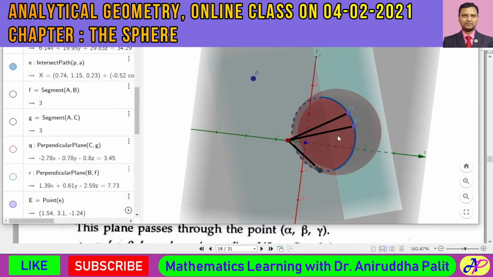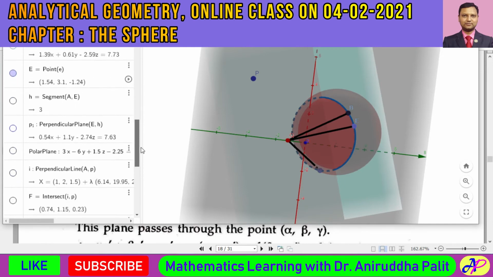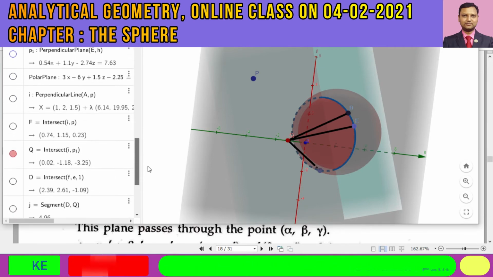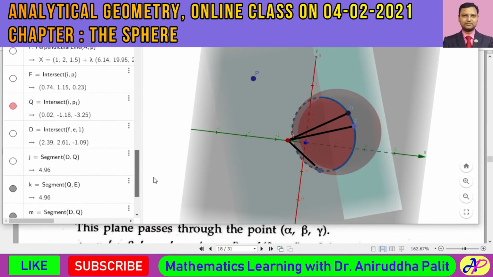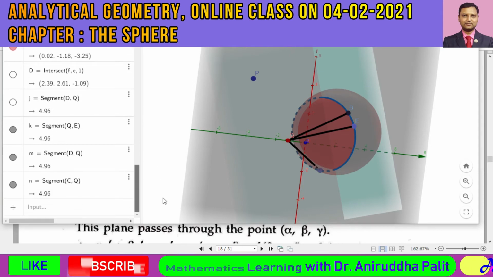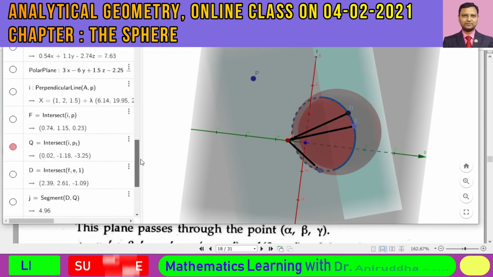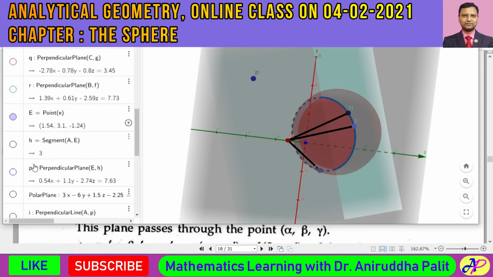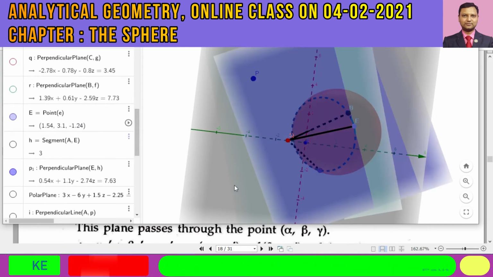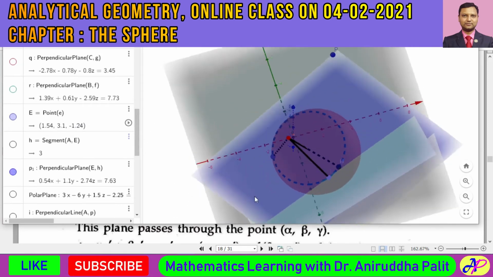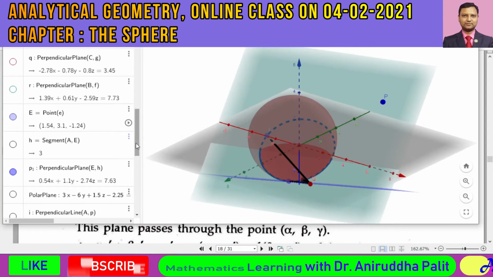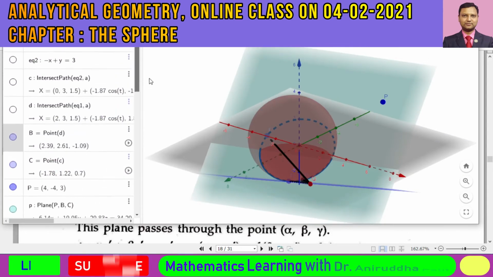So let us consider a tangent plane through the point B. Let me show you the tangent plane, say this line over here. This is a tangent plane through this point E. Let me make this picture a bit simpler.